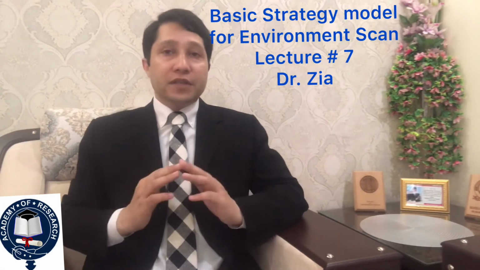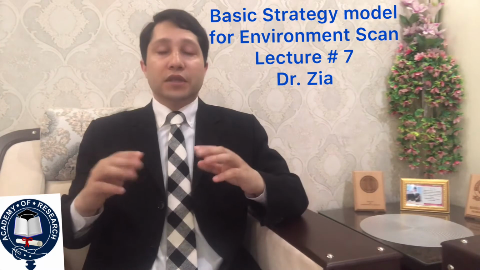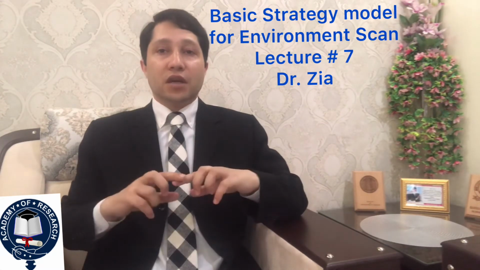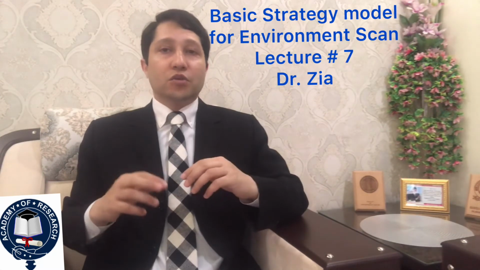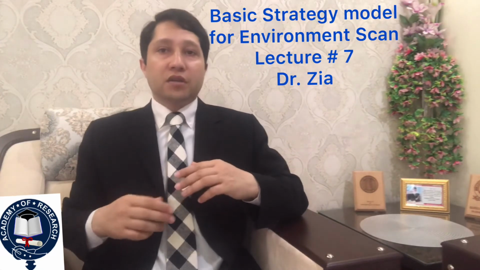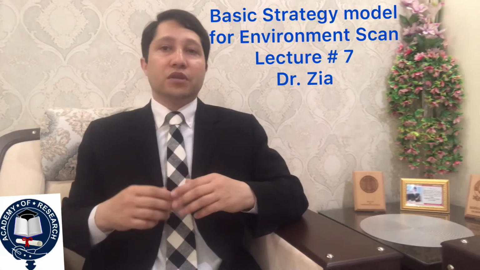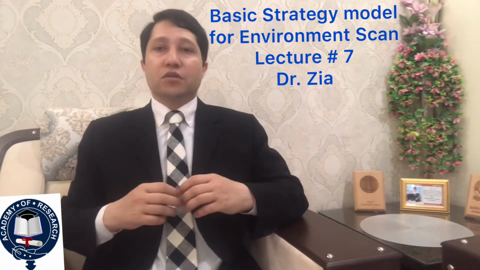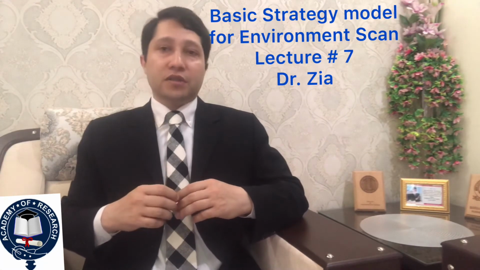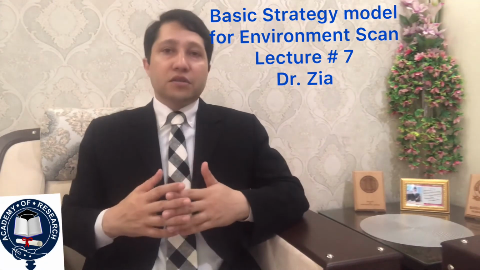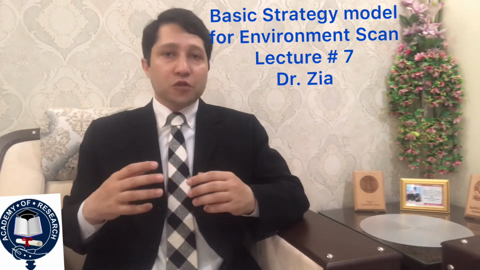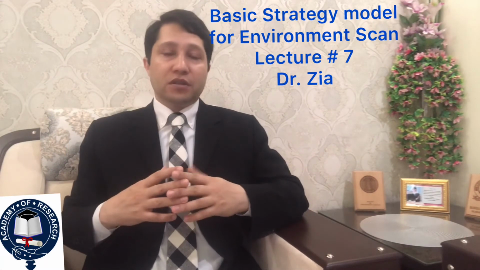So after internal environment scanning, you move to the second sphere, the task environment industry, which includes shareholders, suppliers, employees, labor unions, competitors, trade associations, communities, creditors, customers, special interest groups, and government.